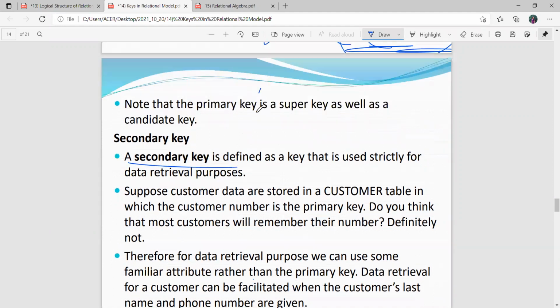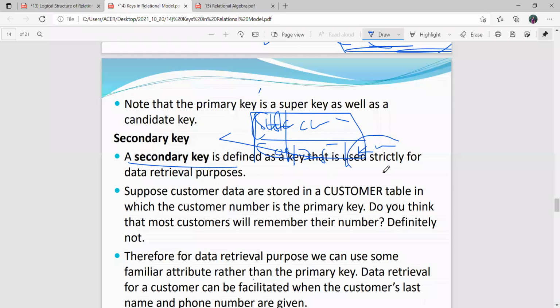As an example, let's take customer ID and customer name. ID is 00015, and the name is given. Do you think most customers will remember their customer ID? Definitely not.